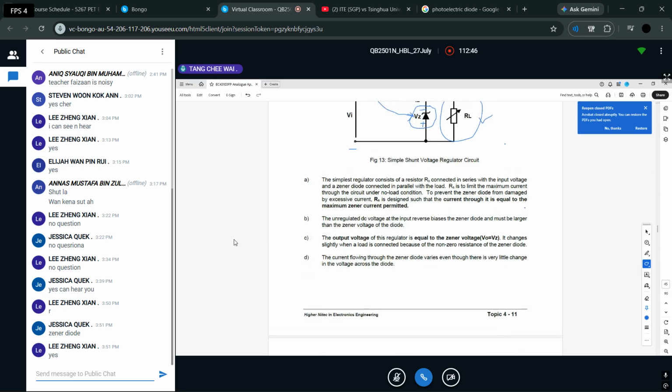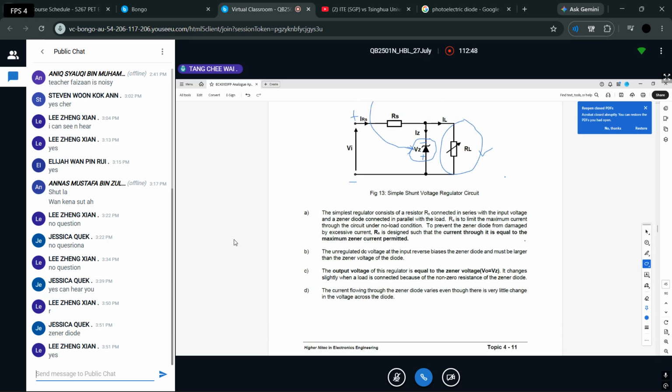So they mention this output voltage at the RL, let's say, is actually the same voltage as the Zener diode. Of course, Zener diodes come in various voltages. It's up to you to choose how many volts you want. You can have 6.8 volts or 5 volts or whatever.